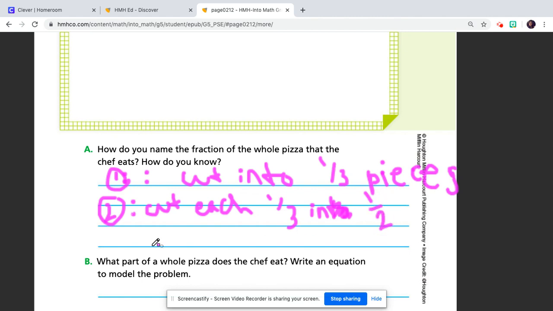Okay. And then we shaded in, and then finally number 3. We went and we shaded in one of the pieces, or shaded in 1/6.